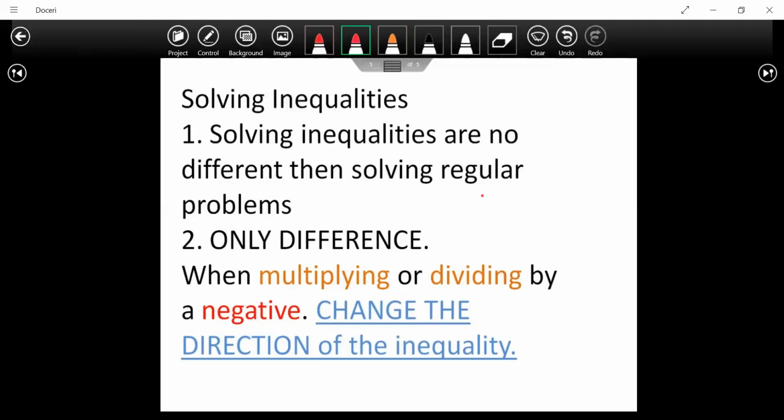Do me a favor, if you're done, go ahead and make 4 number lines. We're going to do 4 problems that explain the changing of the symbol.